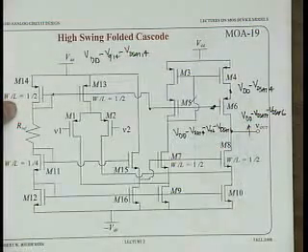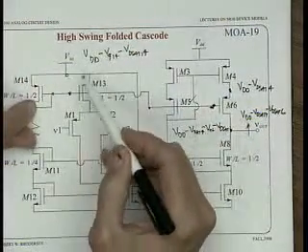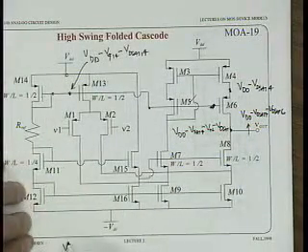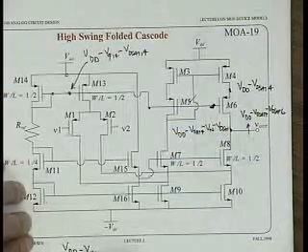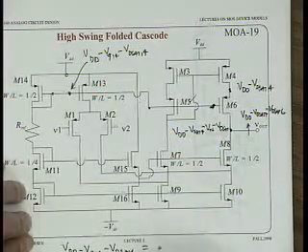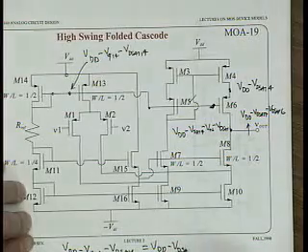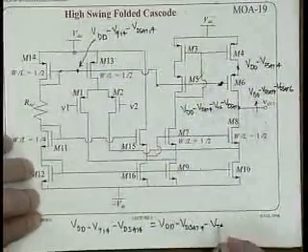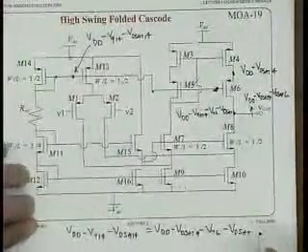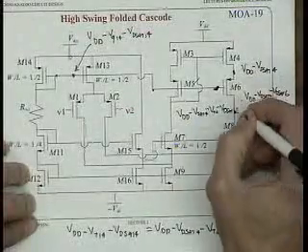That's what this voltage right here is equal to, which is this voltage right here. So if I take those two together, I see that VDD minus VT of 14 minus VDSAT of 14 needs to be equal to VDD minus VDSAT of 4 minus VT of 6 minus VDSAT of 6.